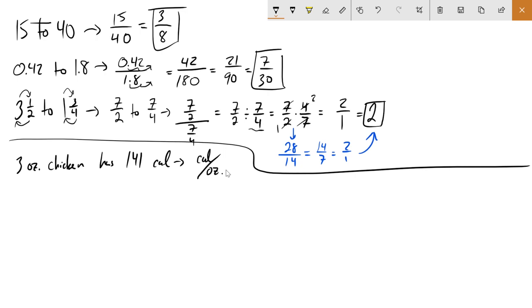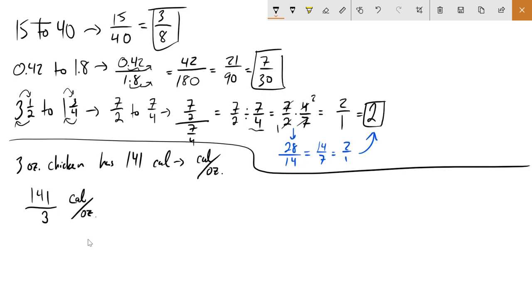So a rate is something that compares two things of different units, and the unit matters because the unit tells you which way to divide. If I want you to calculate the unit rate calories per ounce, then that's calories over ounces.